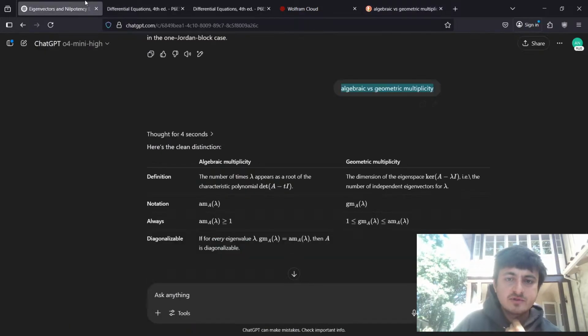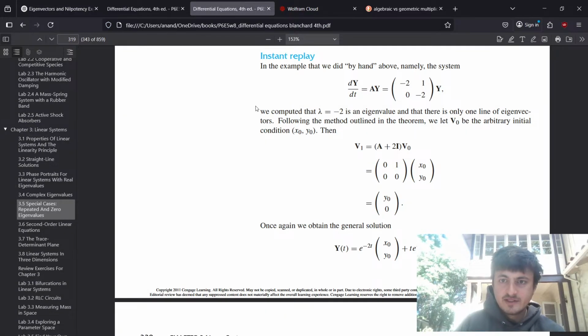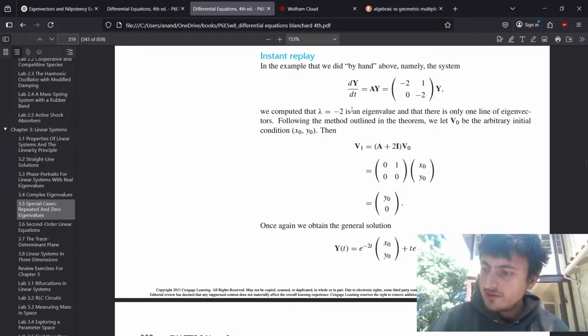Okay, so basically what they're saying is, just to write it down again, algebraic multiplicity is the multiplicity of the root in the char poly, the characteristic polynomial.